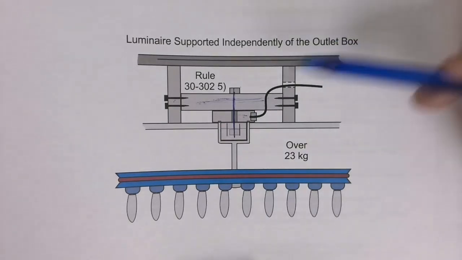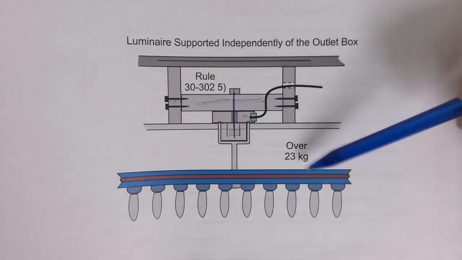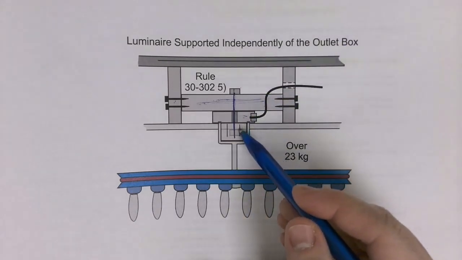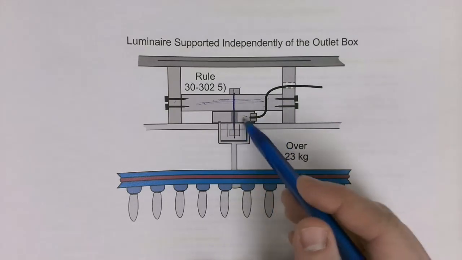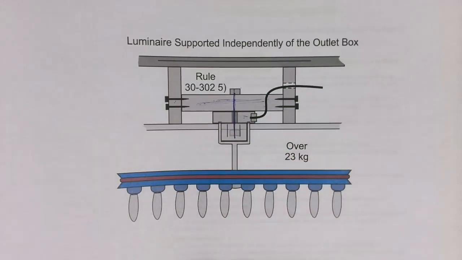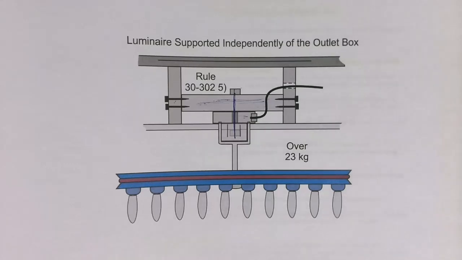So if that light is too heavy, you have to just support the light. We still need a junction box, and that junction box is still probably attached to this light in some way, but it is not carrying the weight of the luminaire.